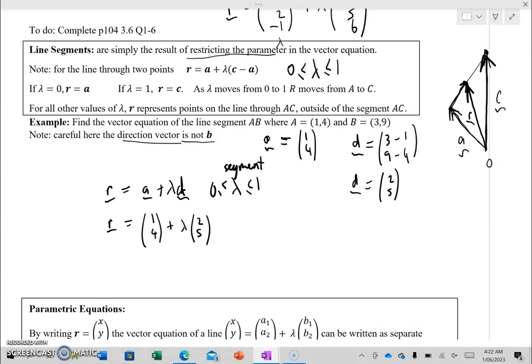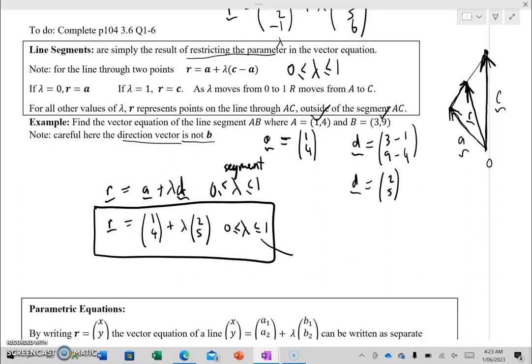You can quickly check: if lambda is 0, you get (1, 4), which is A. If lambda is 1, you would get (1, 4) plus (2, 5), which is (3, 9), which is B. On the final line, I'd still write down the restriction on lambda. That restriction makes it a line segment.